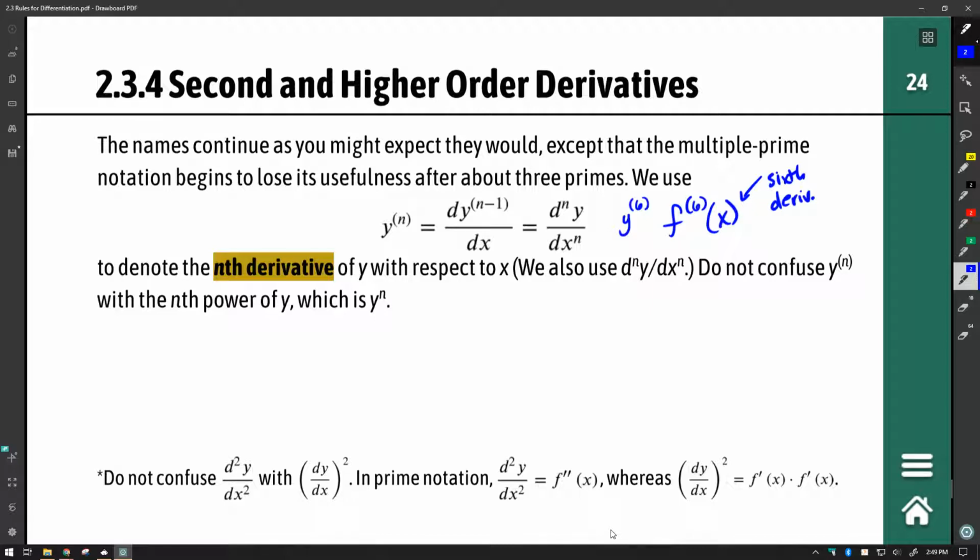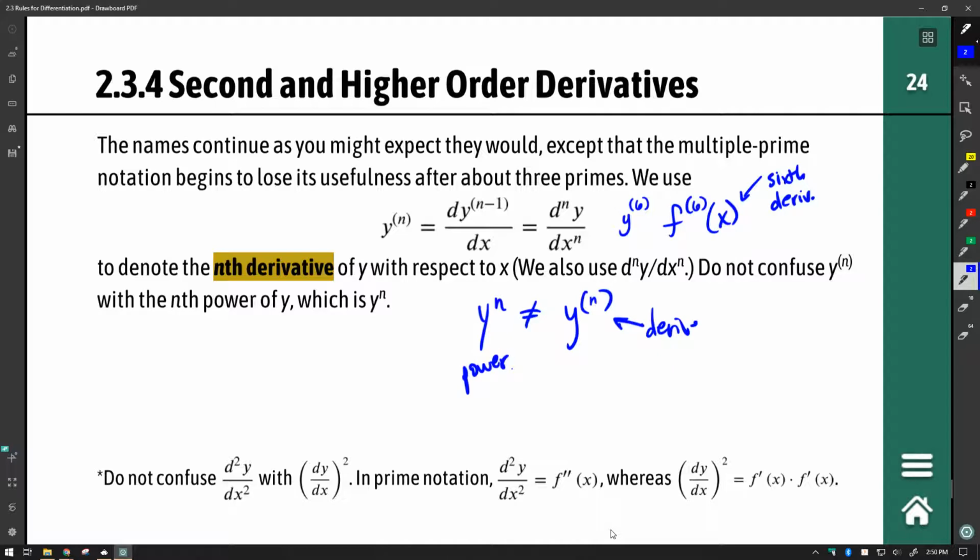We see d to the n y over dx to the n, and don't confuse y to the exponent parenthesis n with y to the n. These are not the same. Y to the n is not the same as y to the little parenthesis n. So this indicates a derivative, and this indicates a power.